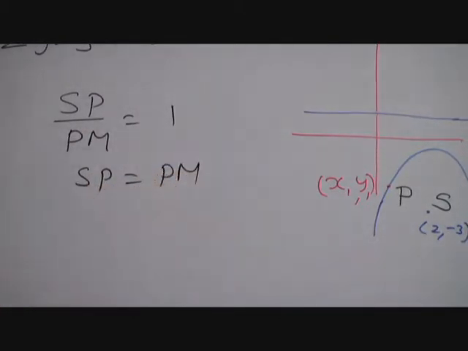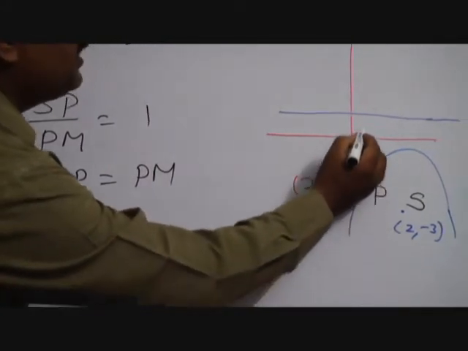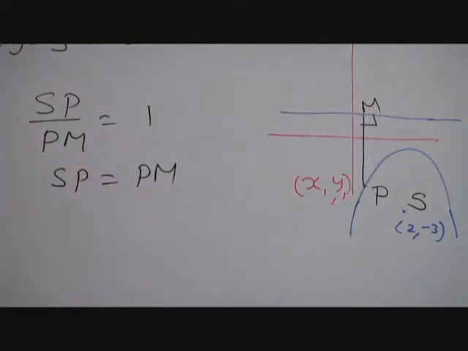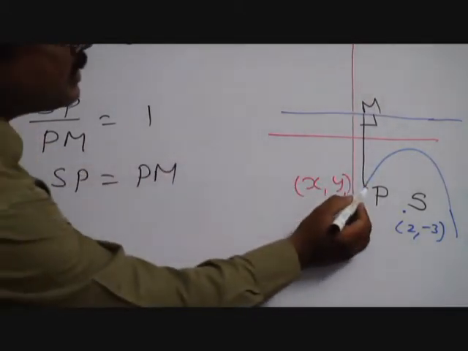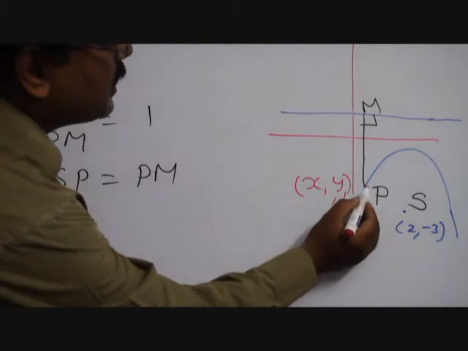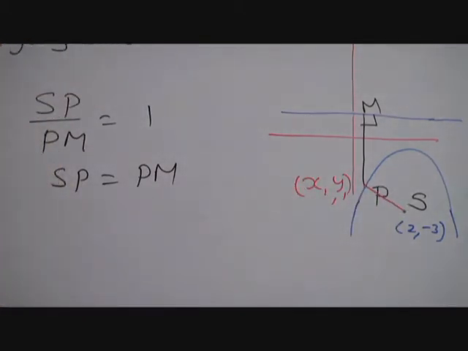What is PM? PM is the perpendicular line drawn from P to the directrix. What is SP? The distance between the two points (2, -3) and (x1, y1). This is called SP.